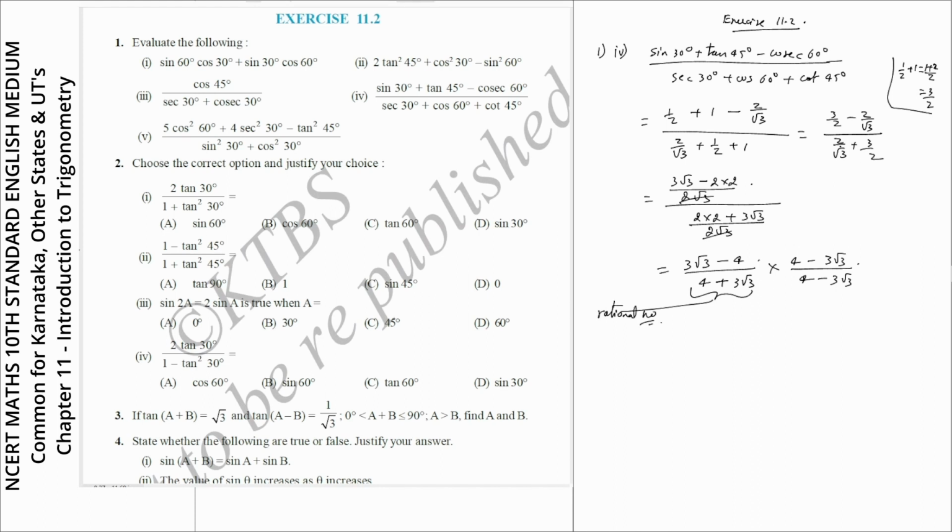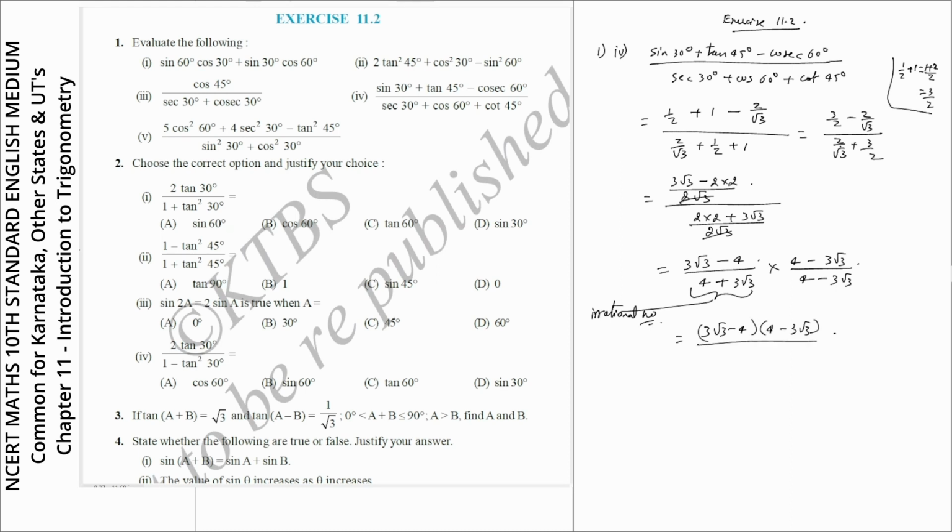When I multiply both numerator and denominator by 4 minus 3 root 3, the denominator will become a rational number. So now it is 3 root 3 minus 4 into 4 minus 3 root 3.